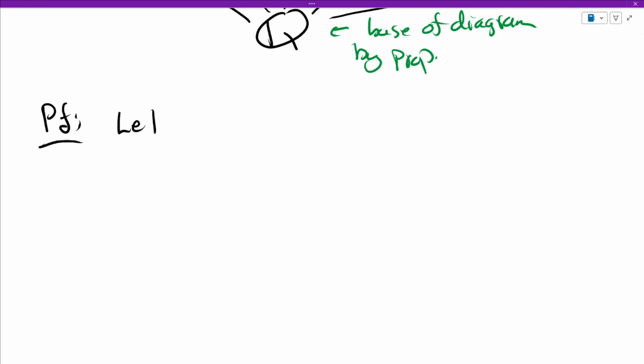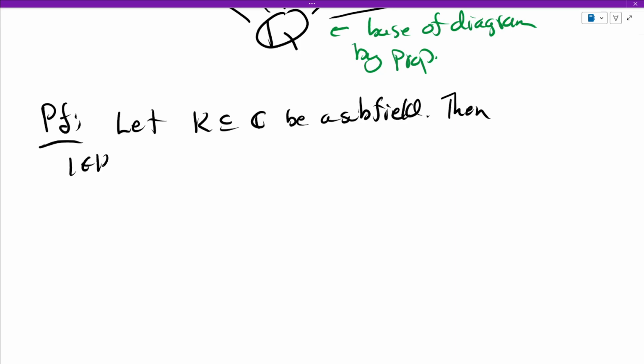Let K be a subfield of C. Then 1 is in K. So by induction, n is in K for all n in N, right?